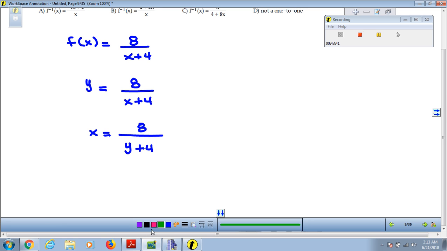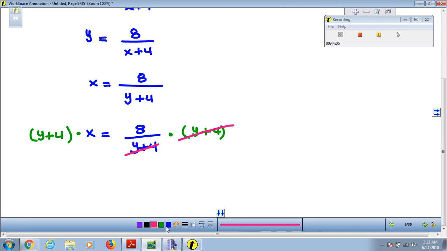So what do I do to solve for y? In my next step, remember that I don't want to have fractions, right? When I'm trying to solve an equation for a particular variable, and that variable is in the numerator or denominator, I'm going to multiply both sides by that expression on the denominator.